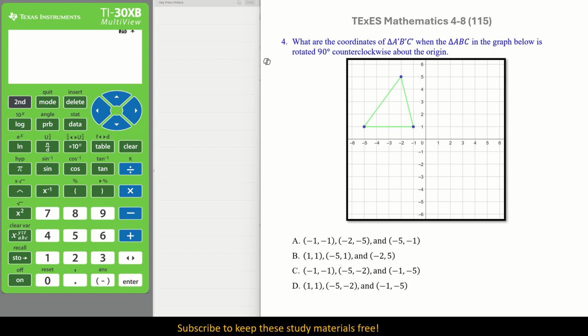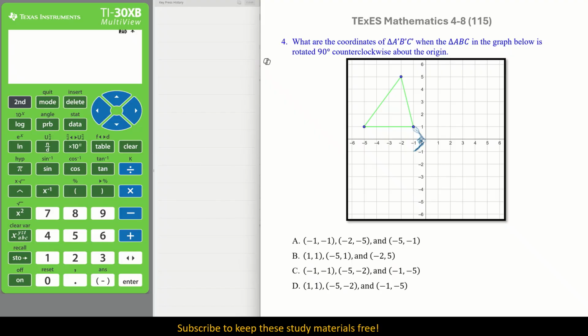Number 4, what are the coordinates of triangle A'B'C' when the triangle ABC in the graph below is rotated 90 degrees counterclockwise about the origin? The first thing I would do is look at what would be the easiest to view as 90 degrees. So if we take this point 1, 1 and, remember, we're going counterclockwise, move it that 90 degrees.